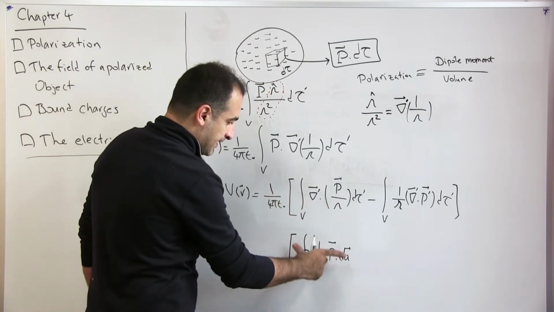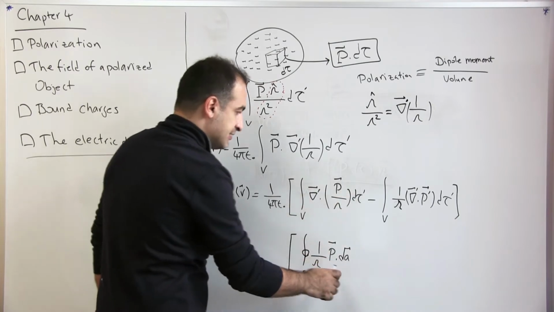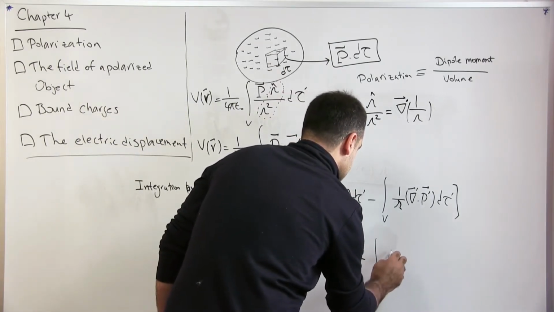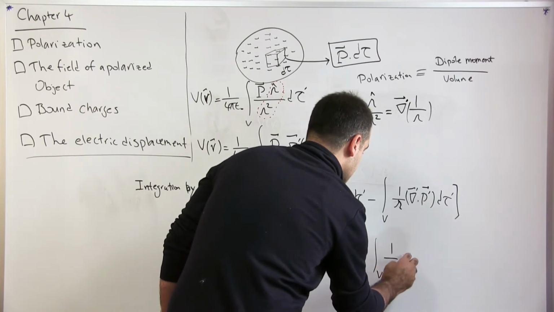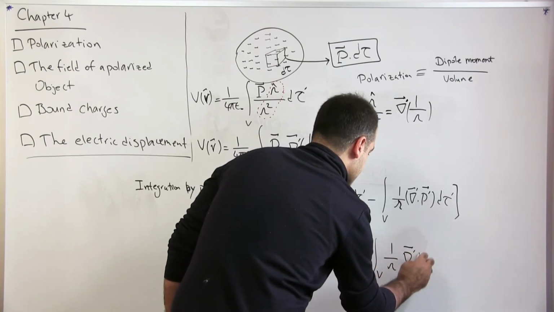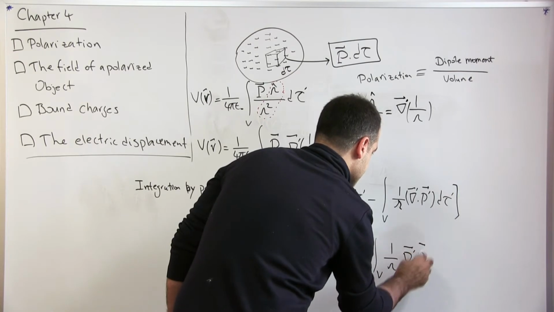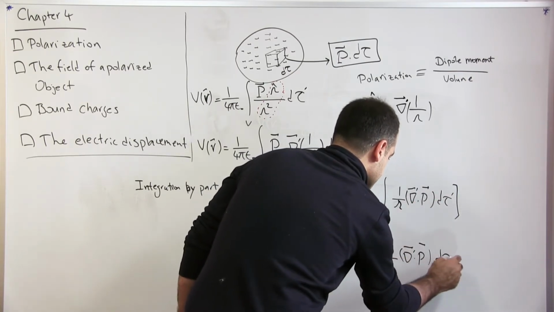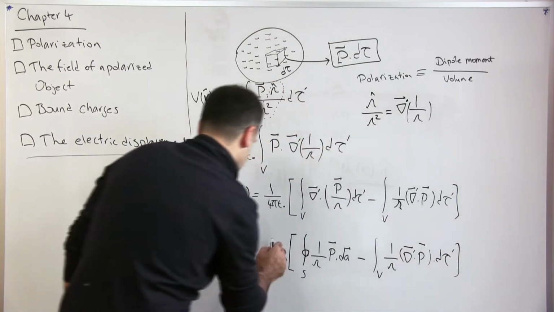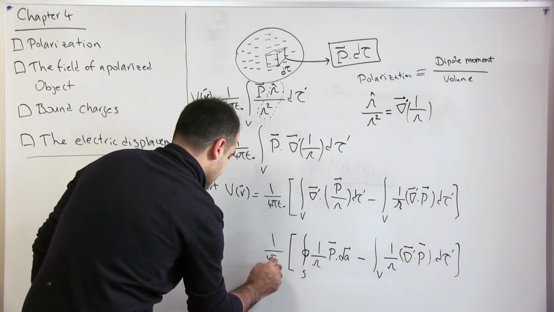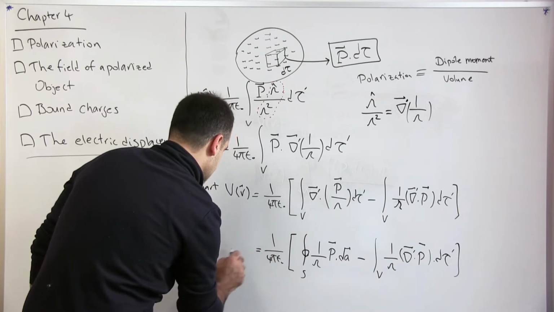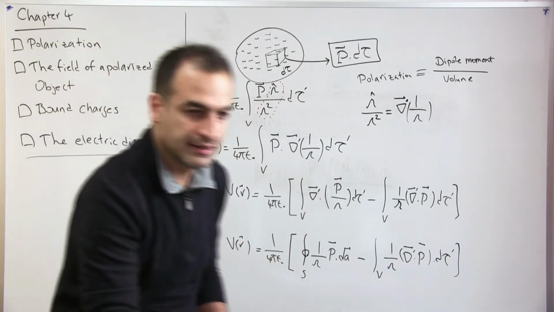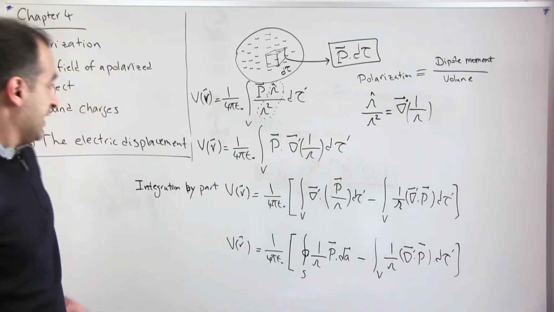Okay, so I used the divergence theorem to make this change, and I'm going to write the second integral the same way that it was: 1 over r times the divergence of, so this is not P prime, this is P, d tau. And of course, we have 1 over 4 pi epsilon 0 and the volume V here. Okay, so I did these changes.